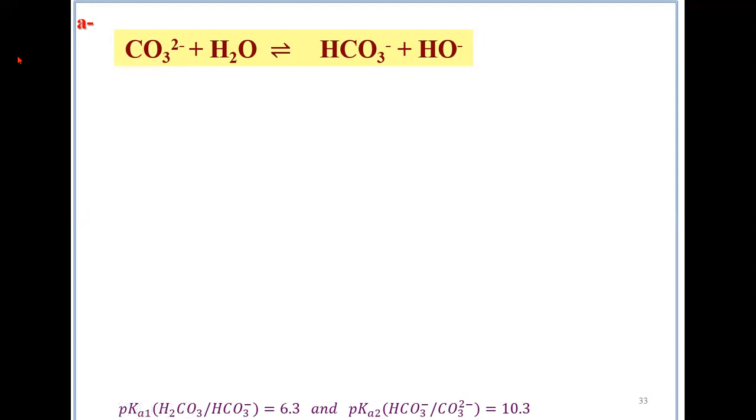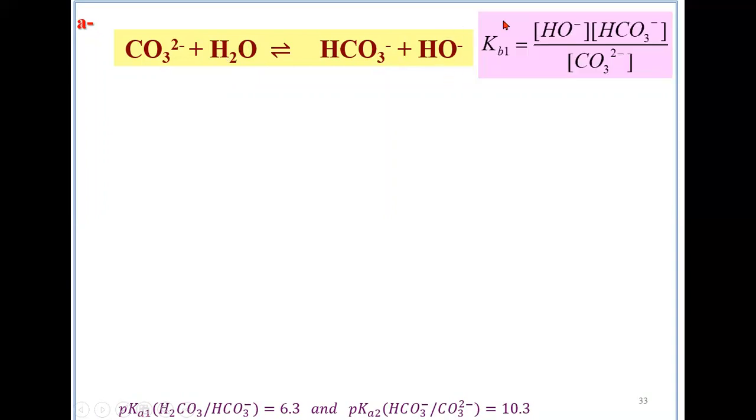So for the CO3 2-, hydrolyzed in water, the water will be my acid, you get hydrogen carbonate, HCO3 minus, and OH minus produced, and thus it's a base governed by Kb1 here.